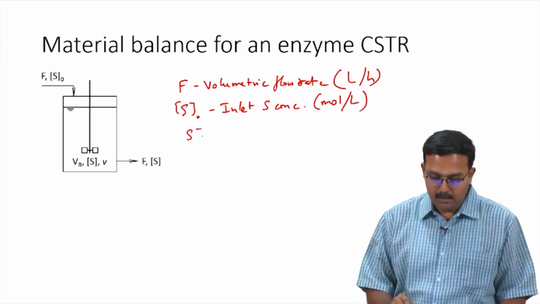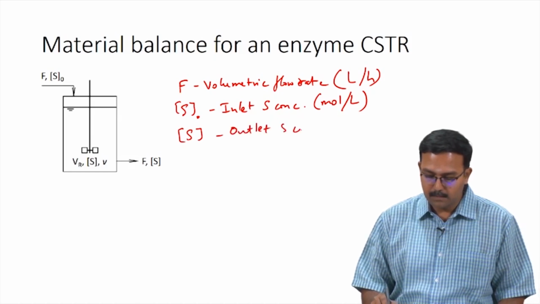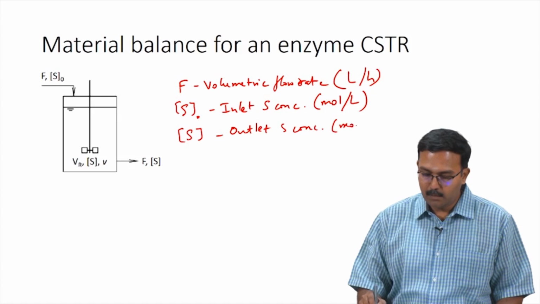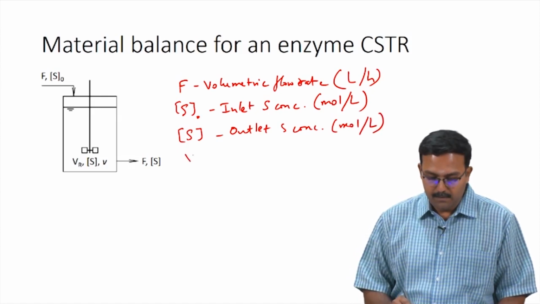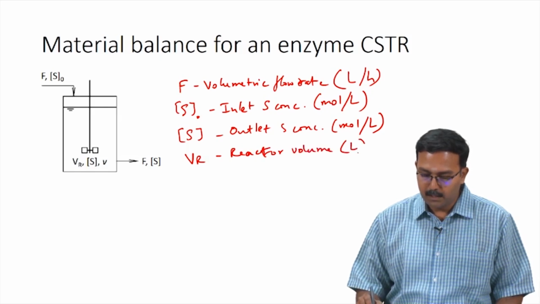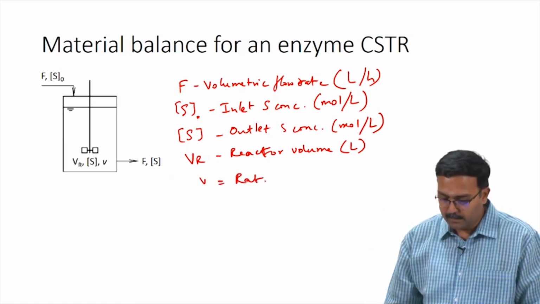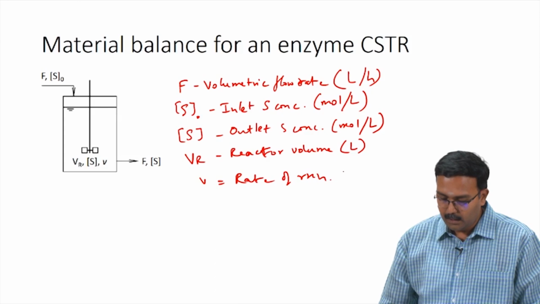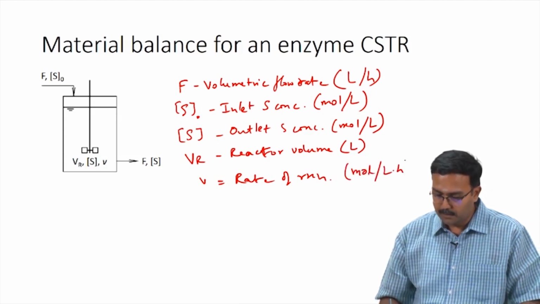S is the outlet substrate concentration, again in terms of moles per liter. Vr is the reactor volume, in terms of liters, and V represents the rate of the reaction, and the units would be moles per liter hour.